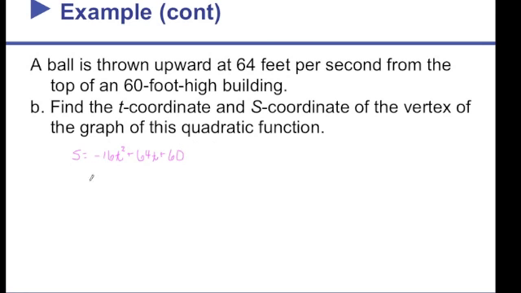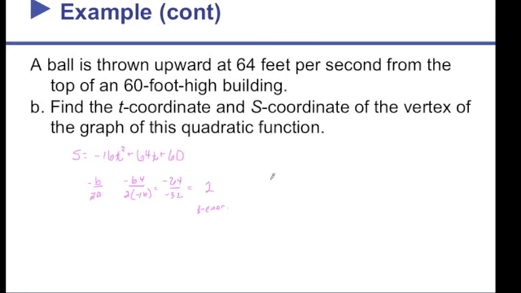Find the t coordinate and the s coordinate of the vertex. Well, vertex, negative b over 2a. So negative 64 over 2 times negative 16. Negative 64 over negative 32, or 2. That's the t coordinate.